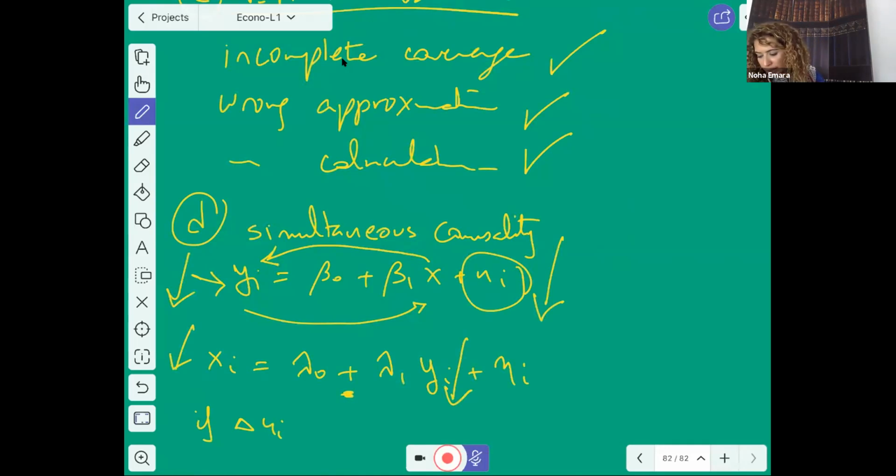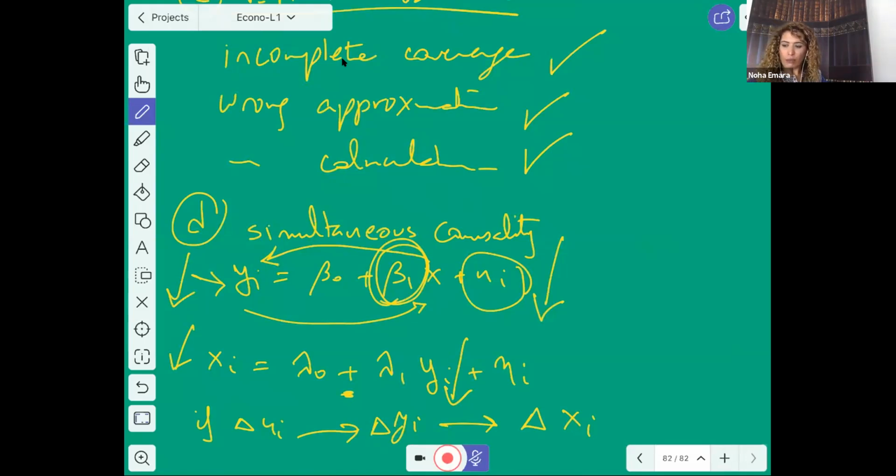Or I can say any change in the error term would be a shock to the y regression, would change yi, which in turn would change xi. Then this coefficient will be wrongly estimated because it will not only reflect the impact of x on y as I actually wanted, it would have a simultaneous causality, like the impact of both, right? X on y and y on x.